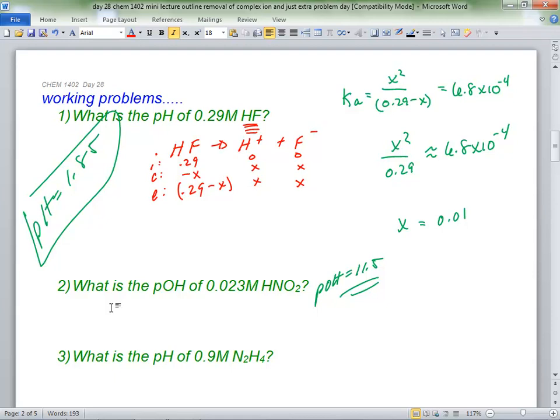If you're working on 3, hopefully you're writing a Kb reaction? Because this guy is in that base table.